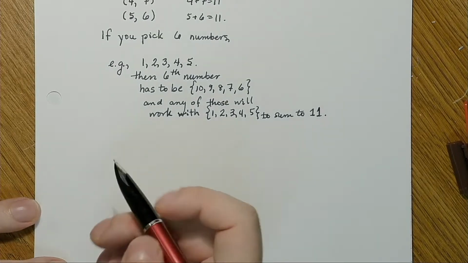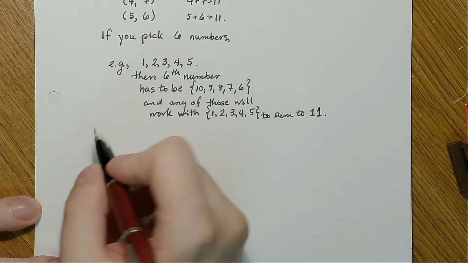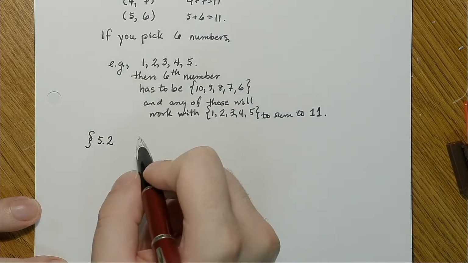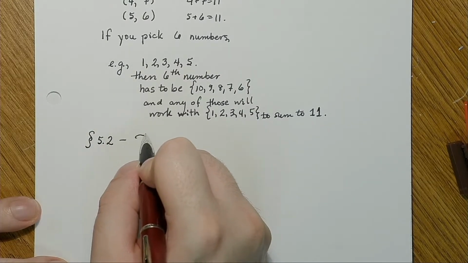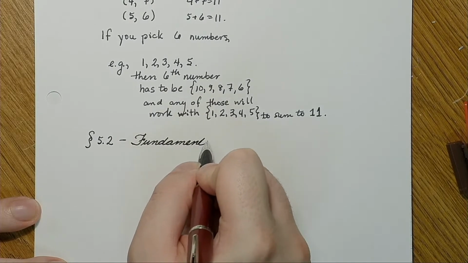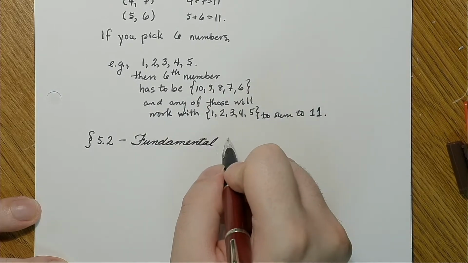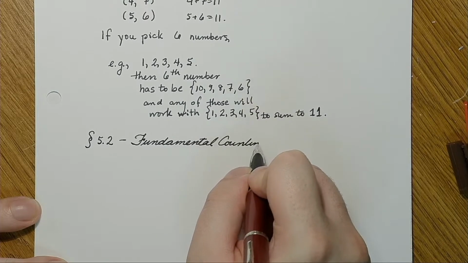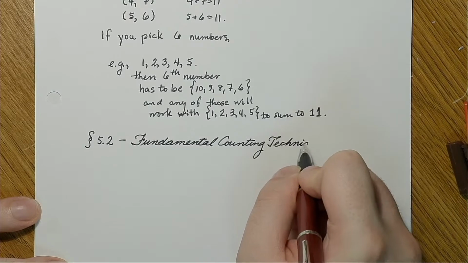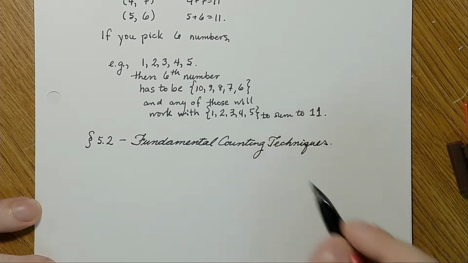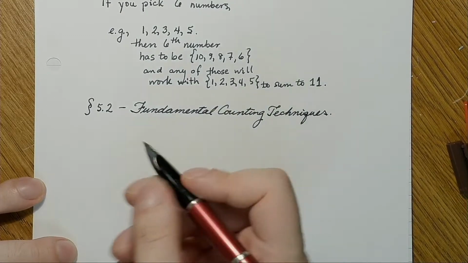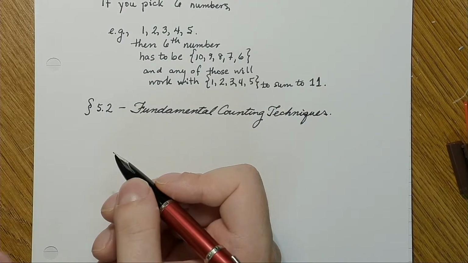So now we can move on to 2 other fundamental counting techniques. So what does that mean? We've got the multiplication principle and the sum principle.